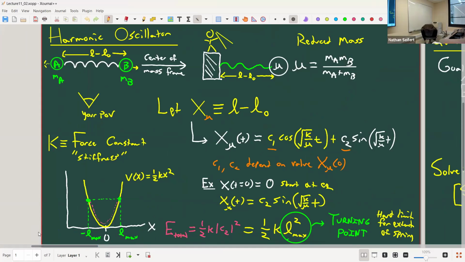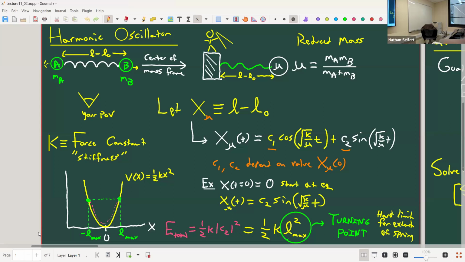Our energy is now constant, but depending on the position of the bond, we have some balance of kinetic and potential. It's not just pure kinetic like it is inside the particle in a box. We have this trade-off of a constant amount of energy between kinetic and potential. They have different features, different functions, and that leads to a wave function that doesn't look like a harmonic or like a particle in a box.